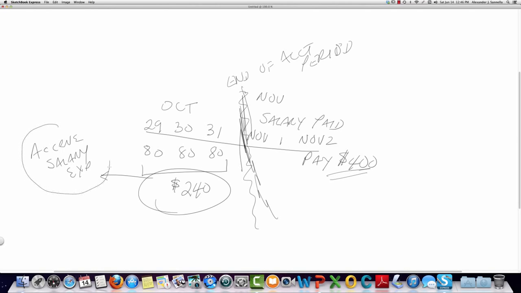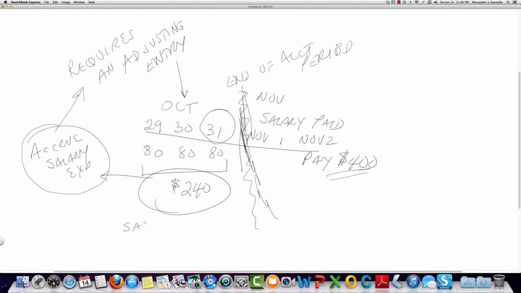Because I have to accrue this salary expense, I have to make an adjusting entry. And that adjusting entry has to be made on October 31st. On October 31st, I'm going to make the entry debiting salary expense and credit salary payable, for $240.